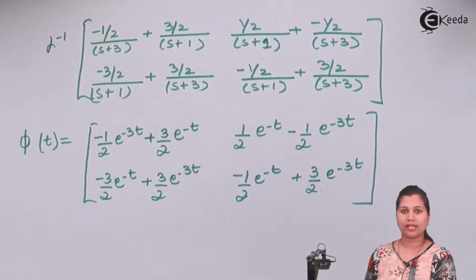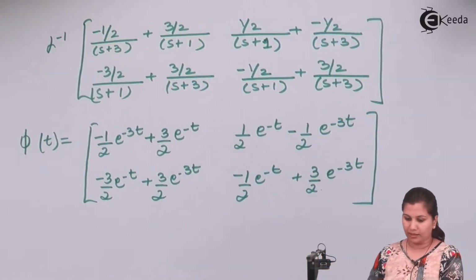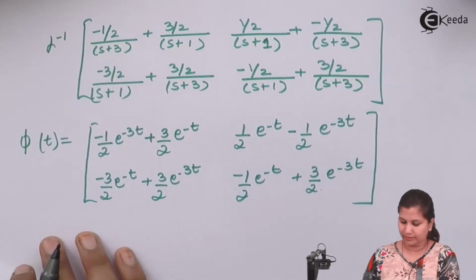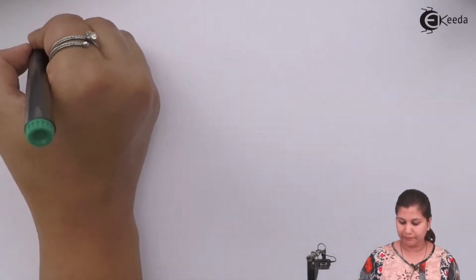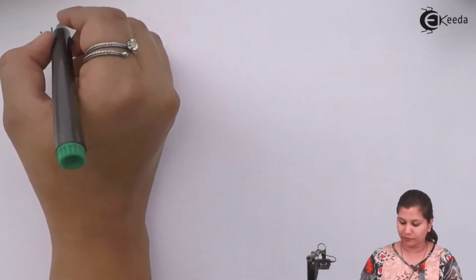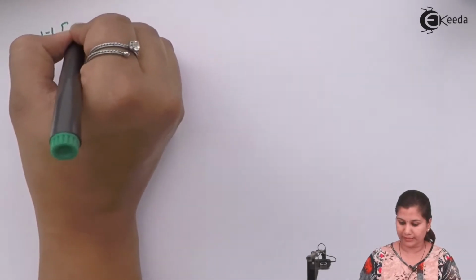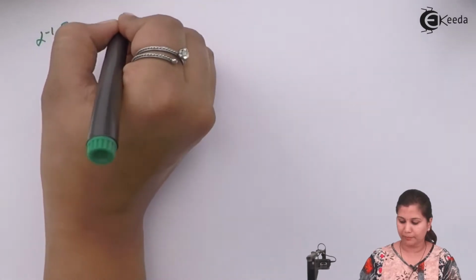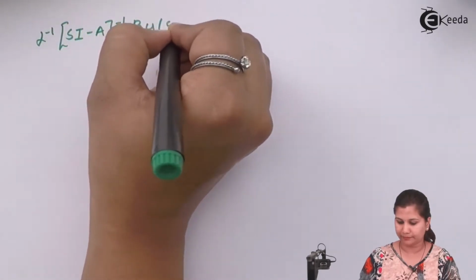So this is our state transition matrix. Now we have to calculate the second part of the formula, that is the inverse Laplace transform of (sI minus A) inverse B U(s).